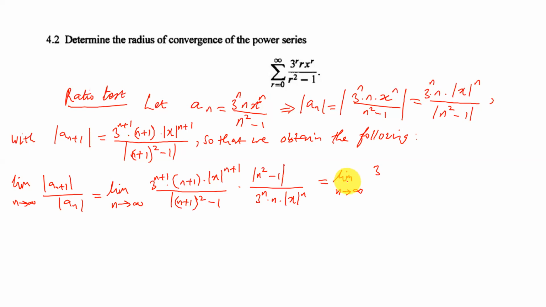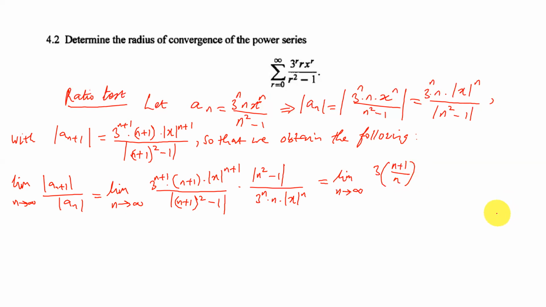And then what else do we have? Obviously, we have a closing absolute value sign there. So the 3 to the power n in the denominator cancels the one at the top. And then we have n plus 1, which is divided by n.